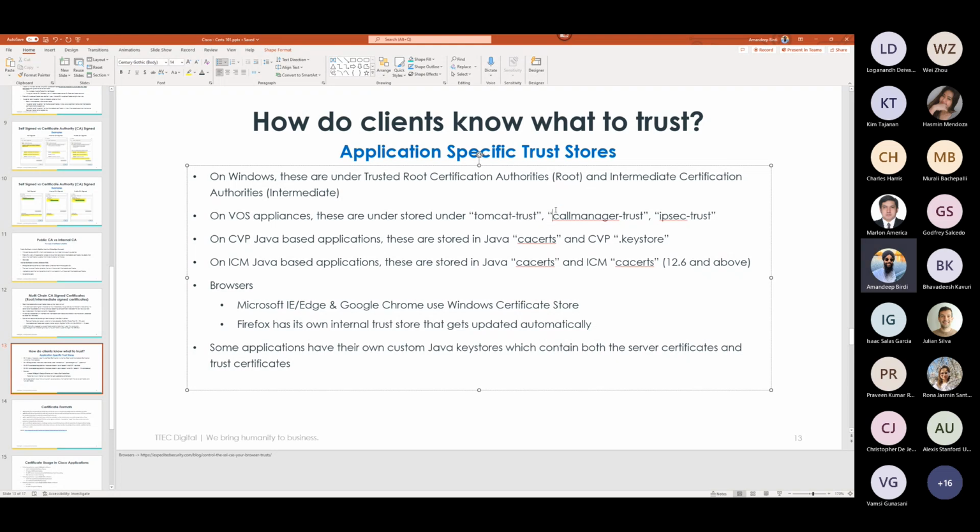In Call Manager, and I don't know the difference on how Call Manager uses these different trust stores, you've got both Tomcat Trust and Call Manager Trust as well. And I think they've got some other trusts as well. But depending on the application that Call Manager or Finesse may need to call using those new root and intermediates, you have to verify if the root and intermediate exist in those trust stores.